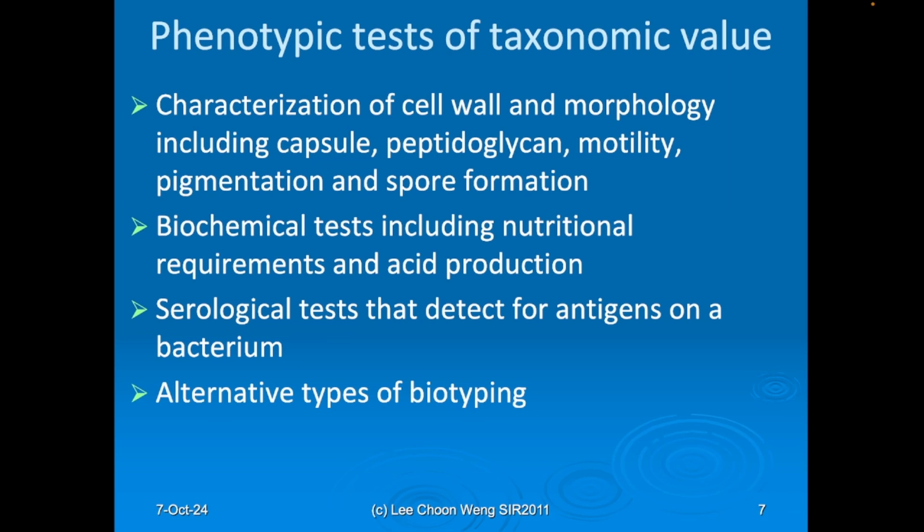You stab it and see how it grows. If it grows only around the stab line, it's not motile. If it's motile, it will be cloudy. Okay? Because it spreads.